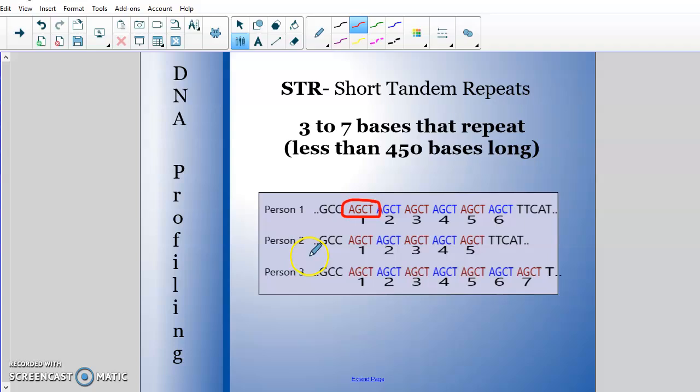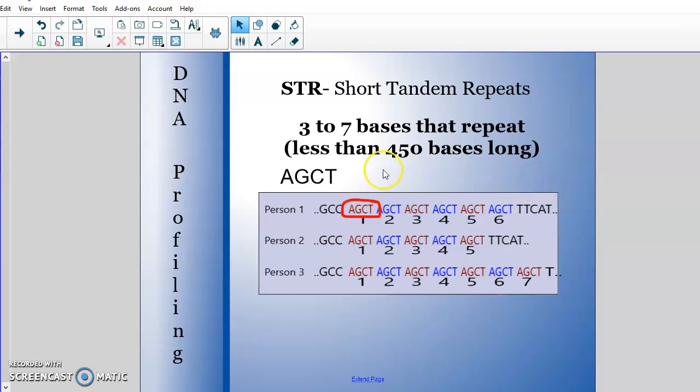For person 2, down here, it's the same repeat, AGCT, except this person only repeated it 1, 2, 3, 4, 5 times. And in this person, again, same repeat, AGCT, but this person repeated it 7 times. So the idea is the short tandem repeats that are found in individuals, everybody has the same repeat, AGCT, right? It's just how many times it gets repeated is different for me than it is for you, okay?